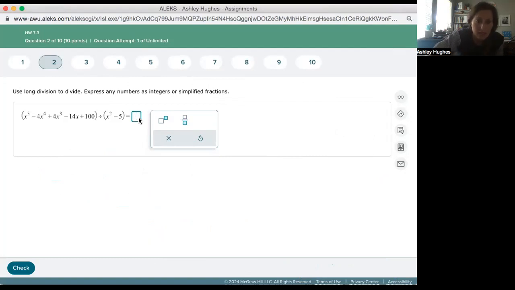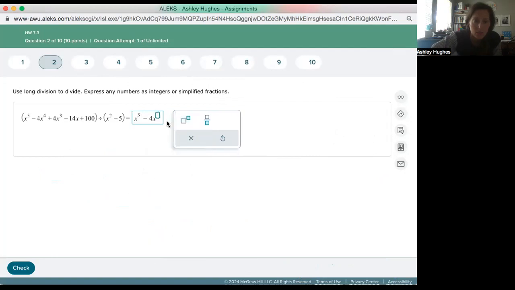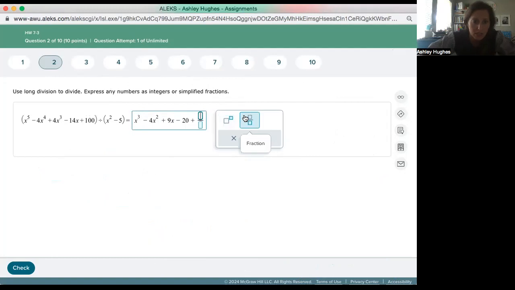So x cubed minus 4x squared plus 9x, and then minus 20, and then plus, let's do a fraction, 31 over x squared minus 5.